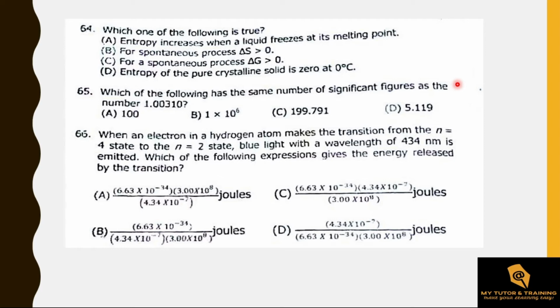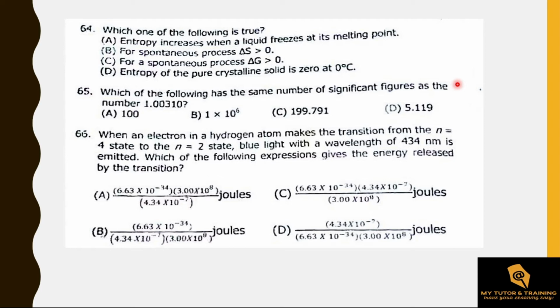C. For a spontaneous process, delta G is greater. No. For a spontaneous process, delta G must be less than 0. D. Entropy of the pure crystalline solid is 0 at 0 degrees Celsius.